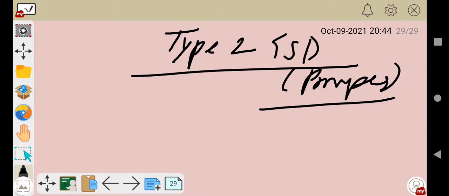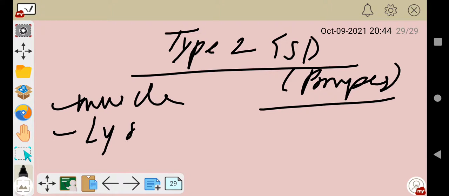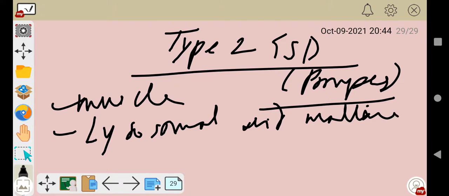Okay, Pompe's. Now actually it is a muscle GSD. Okay, this is muscle GSD. So this is your one hint. Another is the enzyme defect, which is lysosomal acid maltase defect. Okay, lysosomal acid maltase defect.